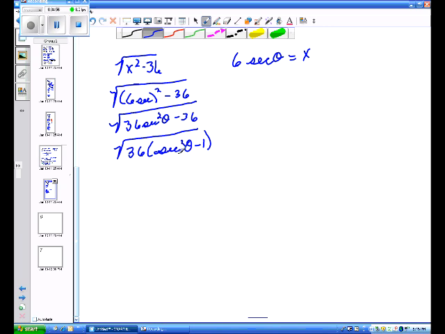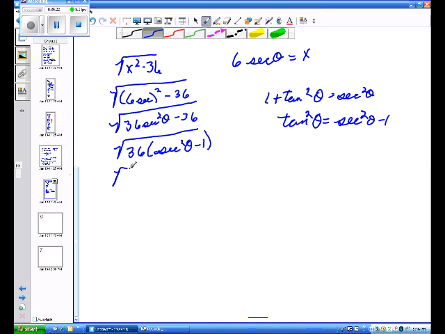Well, we know that 1 plus tangent squared equals secant squared. So let's just write that down. We have 1 plus tangent squared equals secant squared. That's a Pythagorean identity. So if we subtract 1 from both sides, tangent squared equals secant squared minus 1.